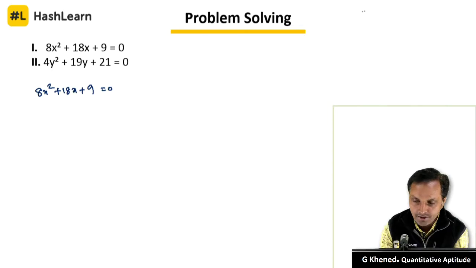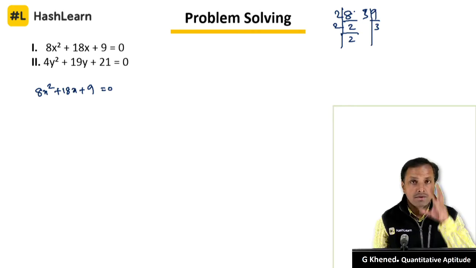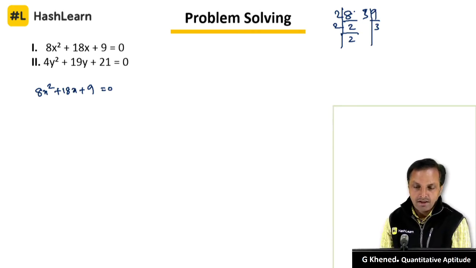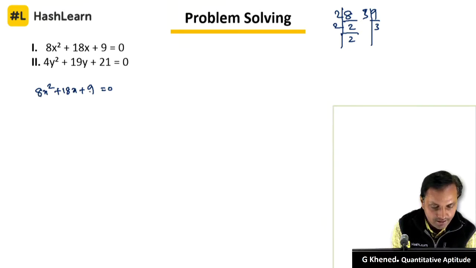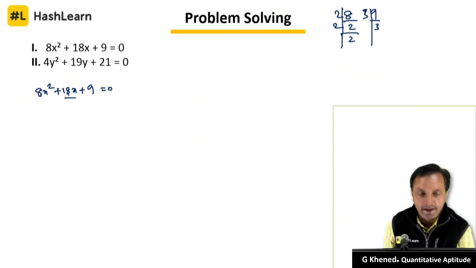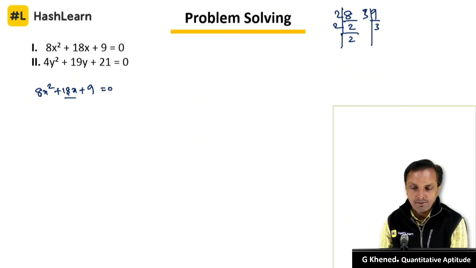So what are the factors for 8? And the factors for 9? 3 into 3. You should select the numbers in such a way that when you multiply you get 8 into 9x square, and when you add or subtract you get 18.